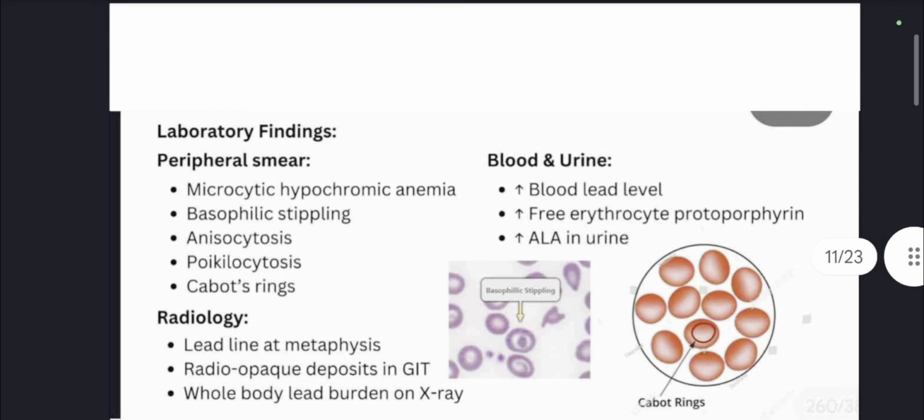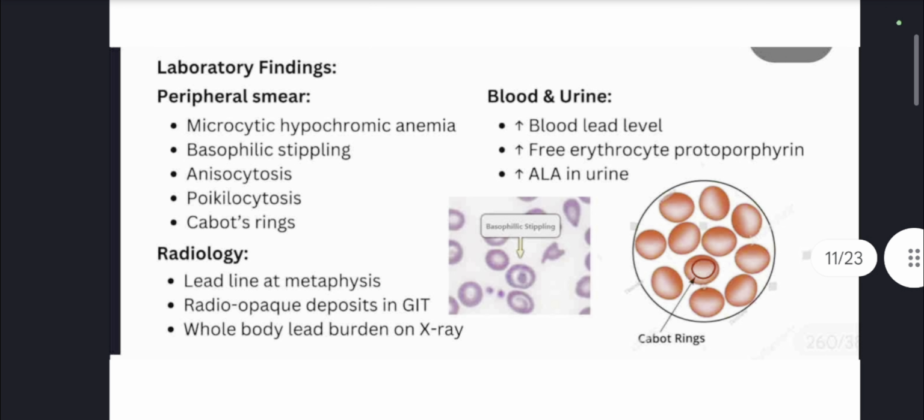Talking about the laboratory findings, in peripheral smear we observe microcytic hypochromic anemia, basophilic stippling, anisocytosis, poikilocytosis and Cabot's rings. What are Cabot's rings? These are nothing but the mitotic spindle remnants which are present in the RBCs. Abnormal condition it is. And what is anisocytosis?